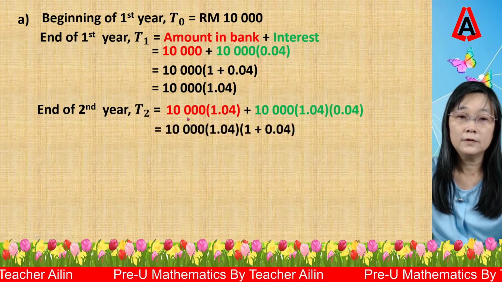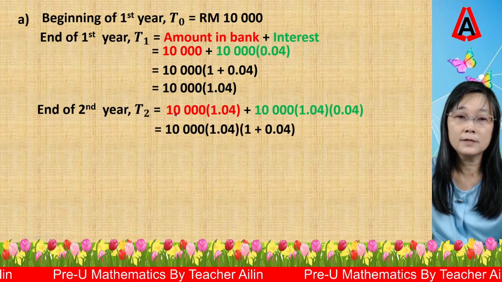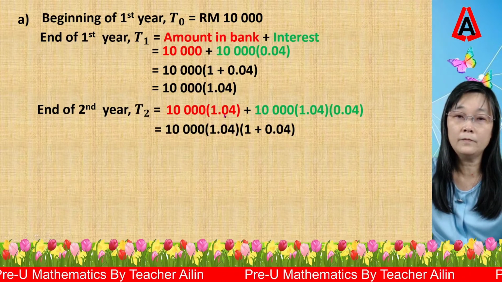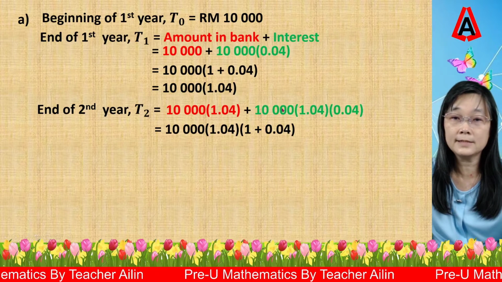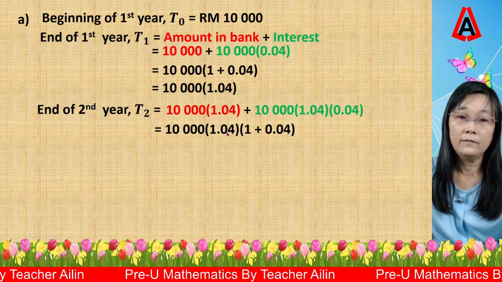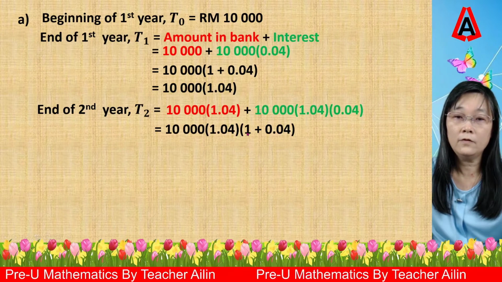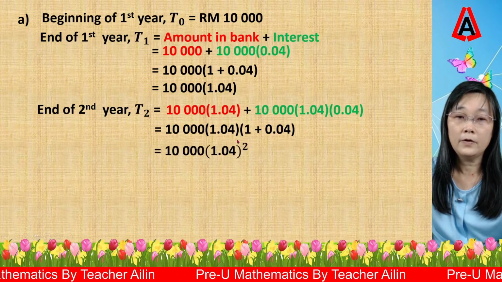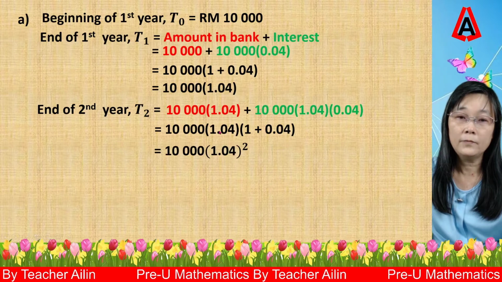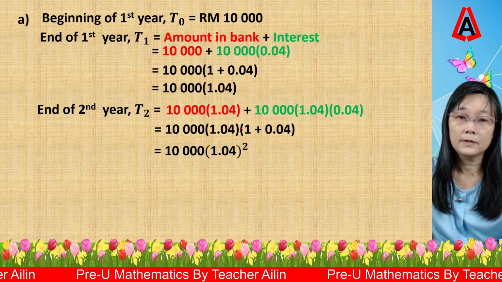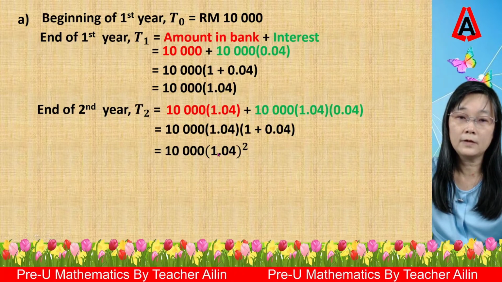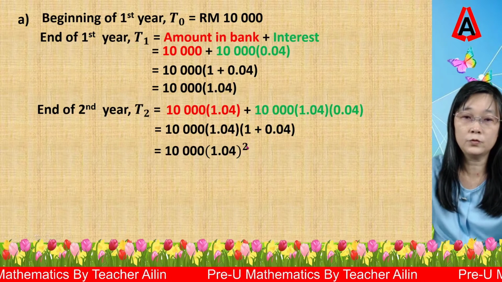Now we factorize because 10,000 times 1.04 refers to the same money. So when we factorize, this is 1, this is 0.04, we get 1.04. 1.04 times 1.04, then we get 1.04 power 2.